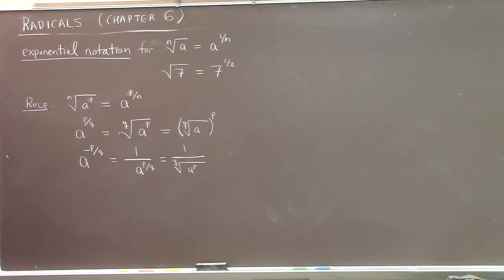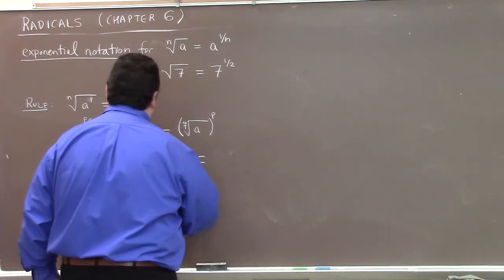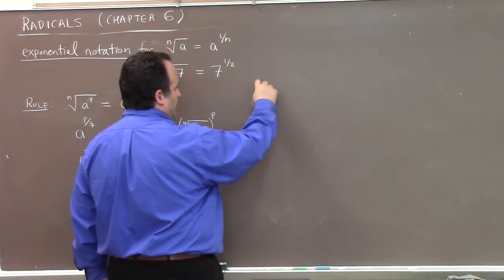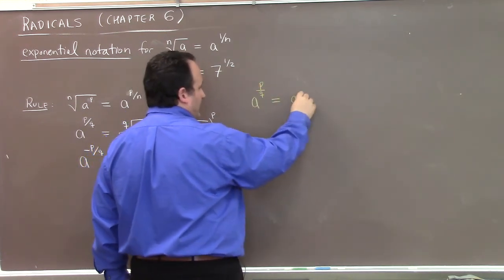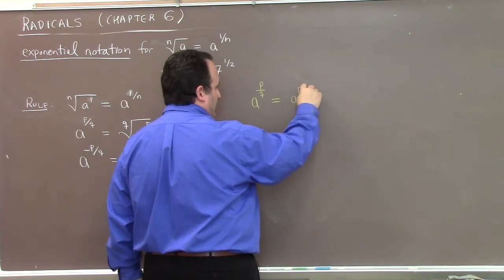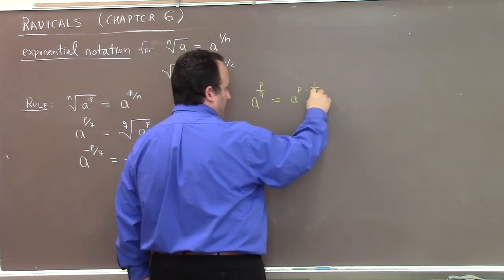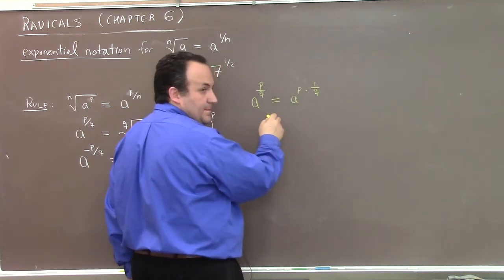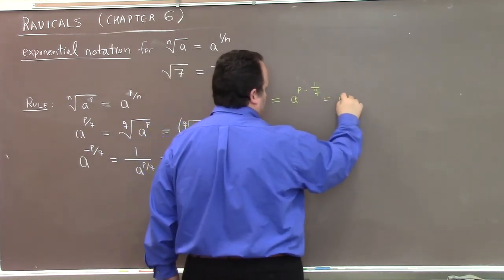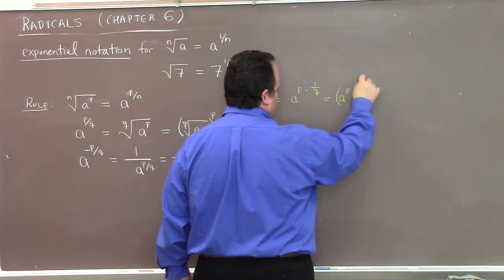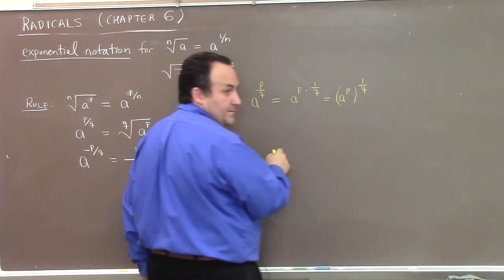What I'm trying to say is, here's the way I think about it. If I have a to the p over q, I can either think about that as a to the p times 1 over q, which suggests to me a to the p to the 1 over q, right?